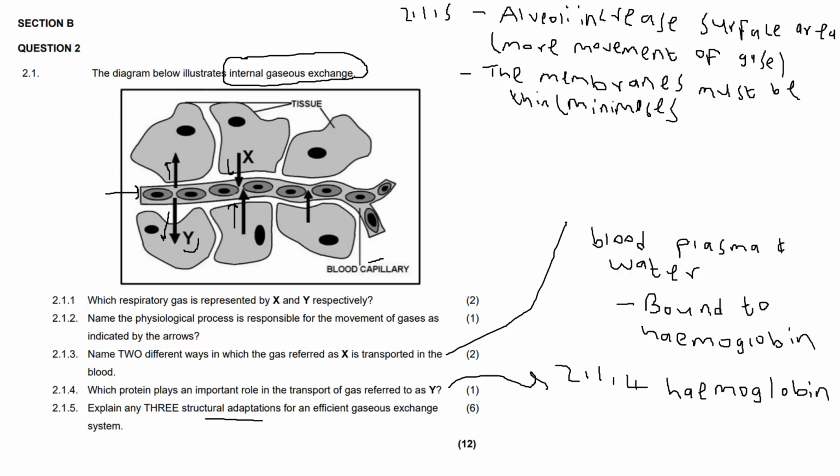So that will minimize the distance that the gas must diffuse. That's why the membranes must be as thin as possible.